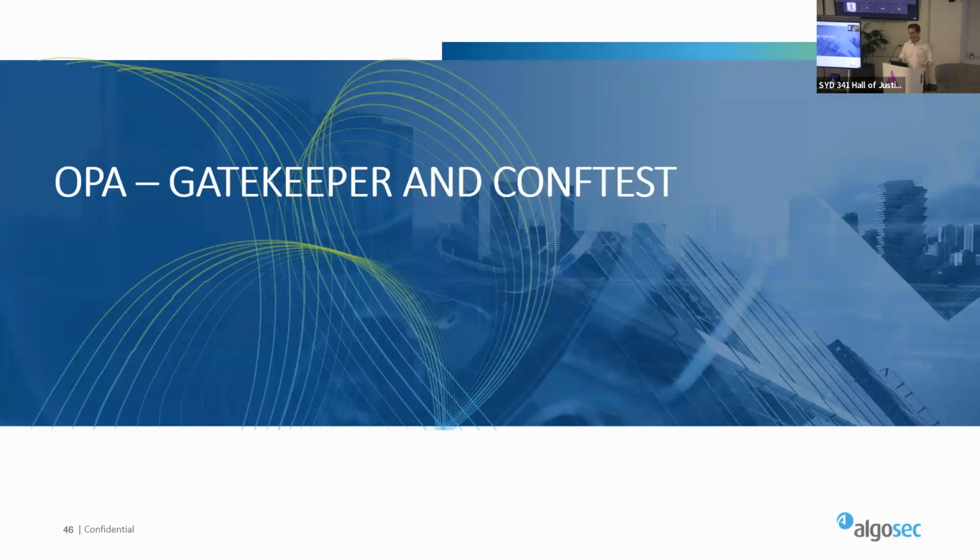I'm not sure how familiar you are with it, but OPA itself has two components called Gatekeeper and Conftest. Conftest is defining and assessing the policy, and Gatekeeper makes sure that everything that goes in is based on that policy. So before you deploy, you use Conftest to validate your policies, and then to make sure that nothing gets passed through, you use Gatekeeper to push things back.